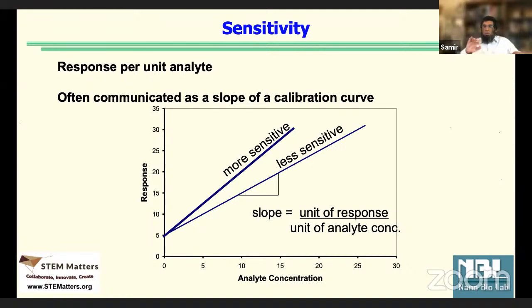Below that level or above that level, saturation may take over, where the sensor surface, the recognition element, gets all saturated. So whatever data you're getting is not related to the actual amount of analyte that was there. Or when we go down, the statistical variation is much more pronounced than the actual value of the signal that we are measuring.